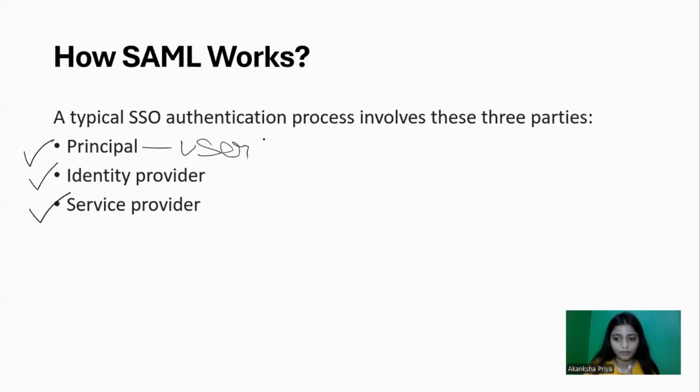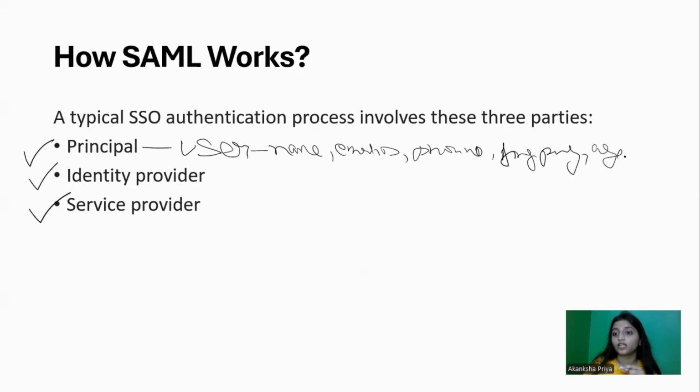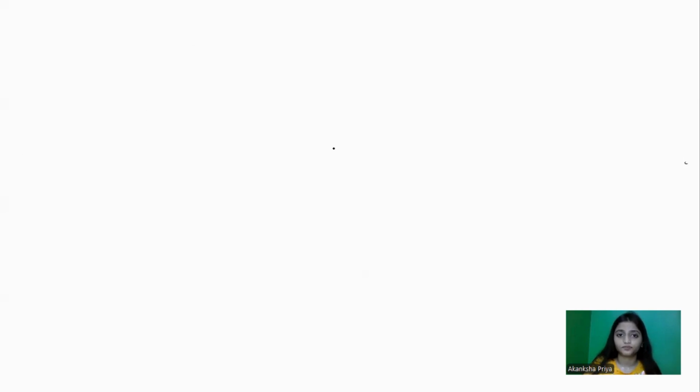You are the principal, you are the user, and as a user you have a specific name, specific email ID, specific phone number, specific fingerprints, specific age, date of birth, or you can say passwords.